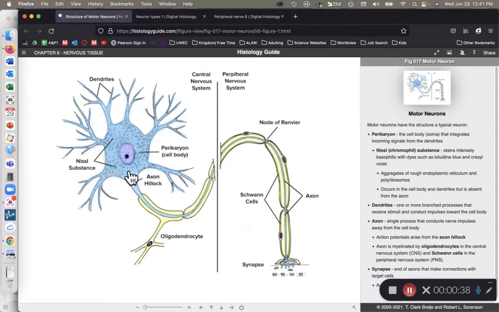Those dark patches within the cytoplasm of a neuron are referred to as Nissl bodies, sometimes also referred to as Nissl substance or chromatophilic substance in your lab manual. As we look at dendrites and axons, dendrites are the smaller extensions that lead towards the cell body, or the neurosoma, and the axon is the singular long extension that leads away from the neurosoma.